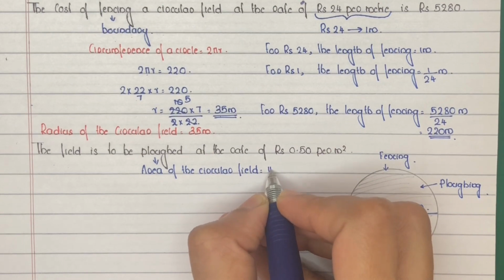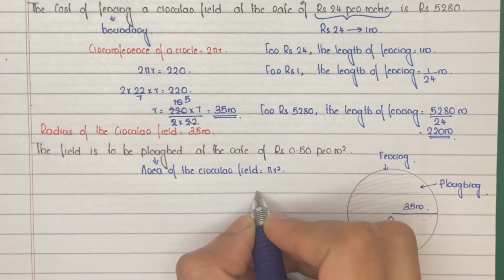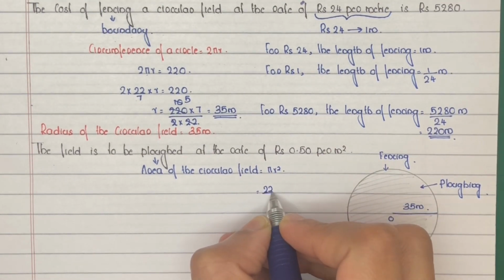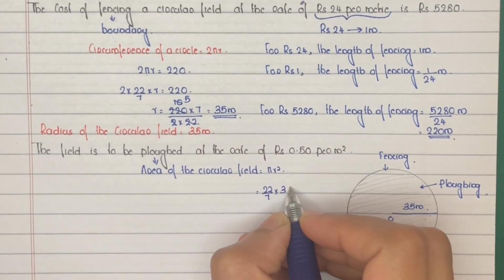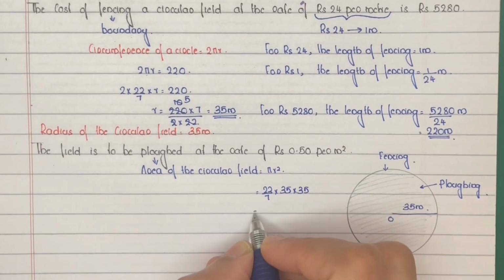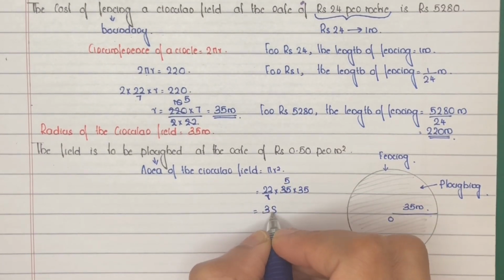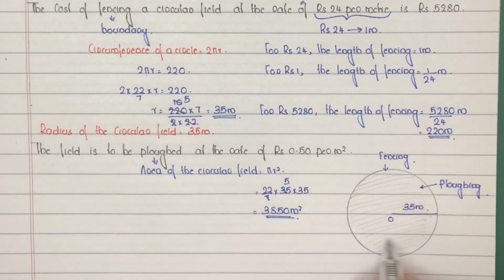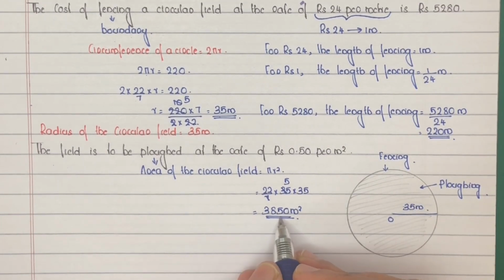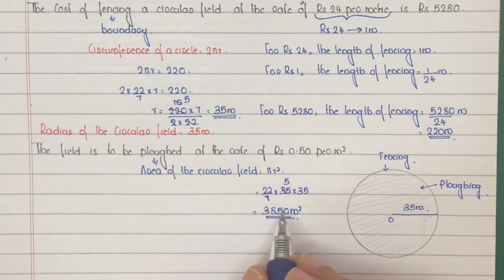Area of the circular field is pi r square. That is 22 by 7 into r, which is 35, squared. That is, the total area of the circular field is 3850 meter square. That is, the area to be ploughed is 3850.